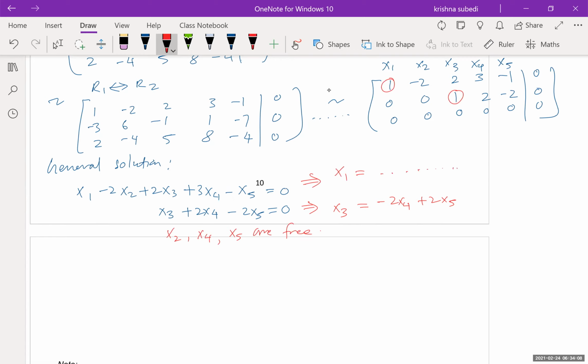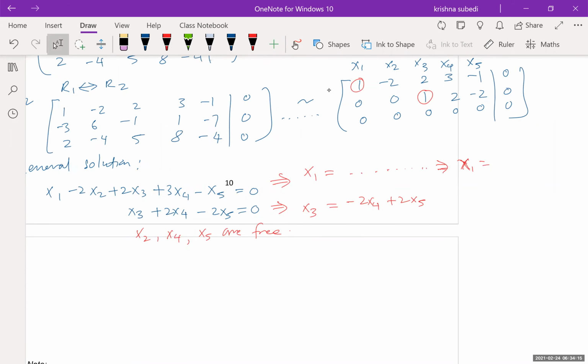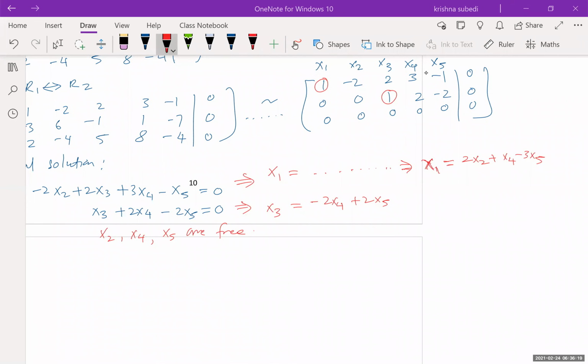Just calculate x1, I trust you guys, and then your final x1 will be, after calculation, the final one. I'll wait for you guys, let me know. Okay, so if we solve it for x1, then we get x1 equals 2x2 plus x4 minus 3x5.